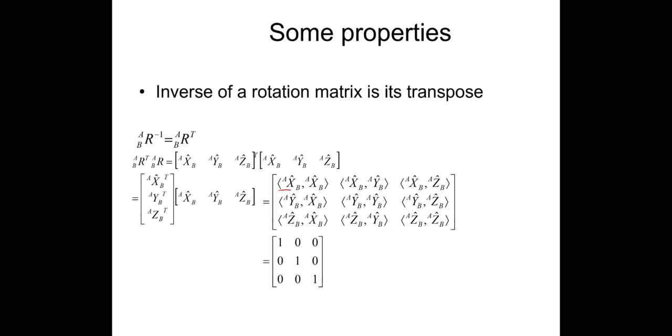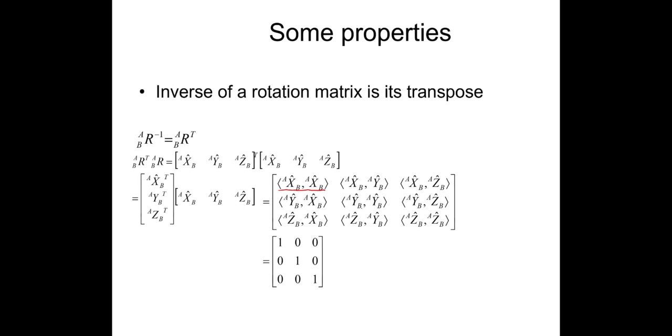So if we do the matrix multiplication, we're going to have this final matrix. If we take a look, YAB dot product with YAB, these two are the same and they're unit vectors, so we have 1 here. And the dot product of XBA and YBA, they're both XB and YB, apparently they should be perpendicular to each other, so this is 0, and again this is perpendicular, so this is 0.